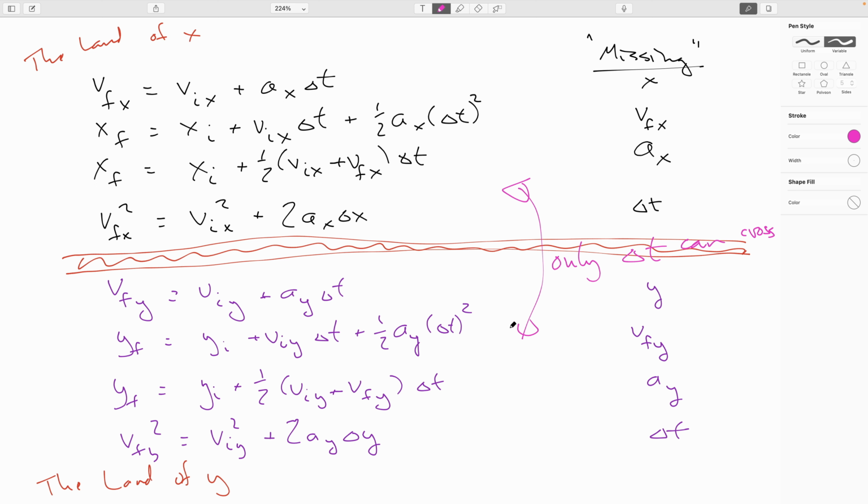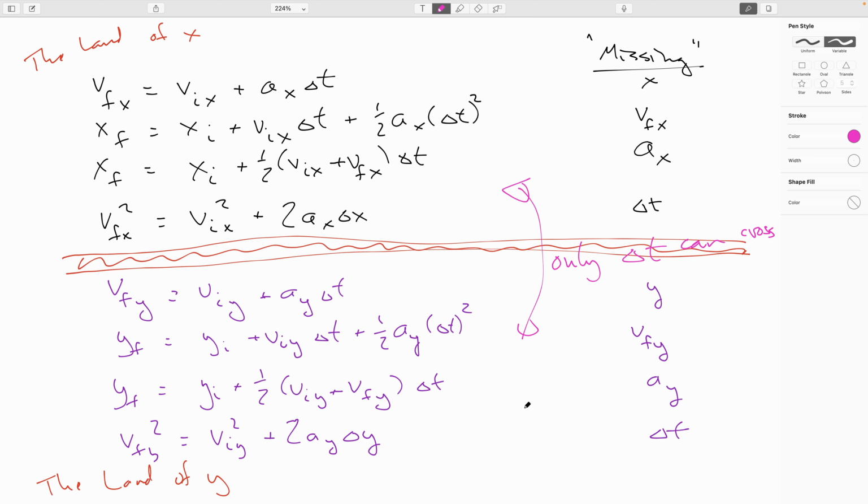So I'm going to go ahead and do a few examples of how this sort of thing can work. And generally speaking, you'll choose your coordinate system so that the acceleration points in one of the directions, usually the y direction. And then we will have to separately do a gang of 4 selection procedure between the land of x and the land of y. Now what you'll find is that a lot of the time in one of the 2 lands, you'll be missing more than one variable.